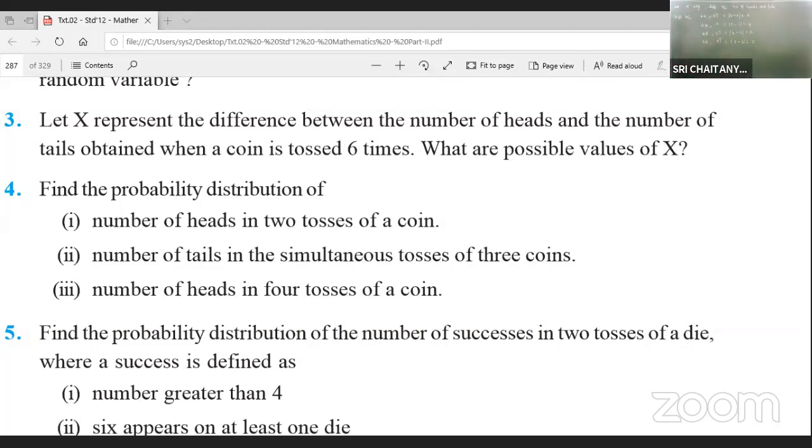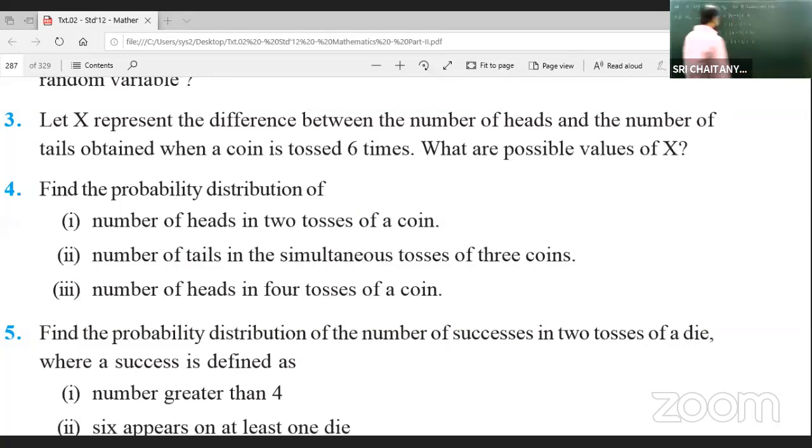And of course, you can get 2 heads and 4 tails. Obviously, it is 4 minus 2. Because I took modulus there, the answer should be 0, 2, 4, 6.